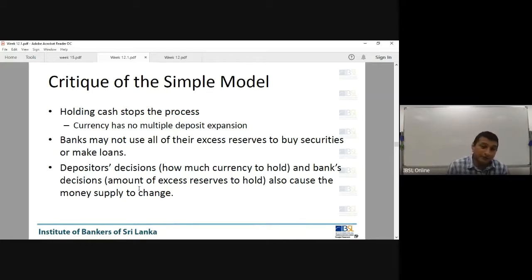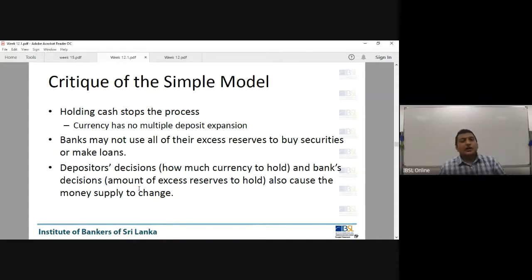Either you can make loans, meaning from that excess reserve you can still come back to the simple deposit creation model, because you create the loan, make a checkable deposit, then required reserves, the balance is there, you can go on like that. But they don't use it, even while they keep excess reserve, for this type of creation of new loans. Behaviorally they are obliged, if not as a practice, to keep a small excess reserve, from the empirical evidence.